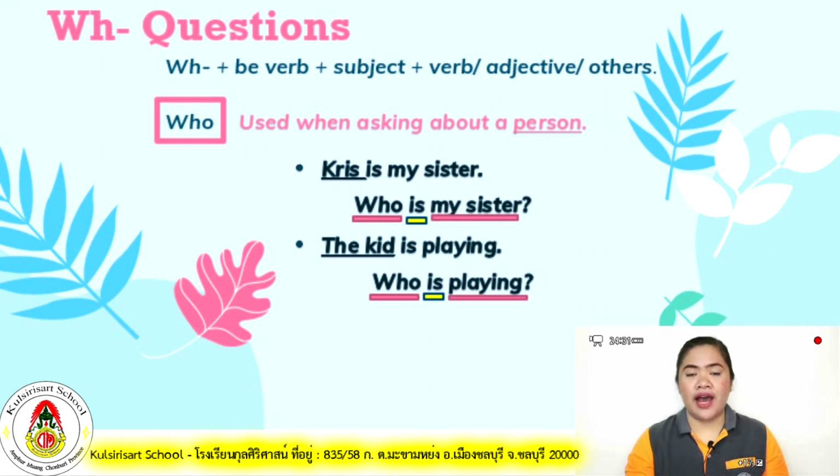We have my sister and is playing. Again, how do you read these sentences? Very good. Who is my sister? How about this? Okay, that's great. Who is playing?